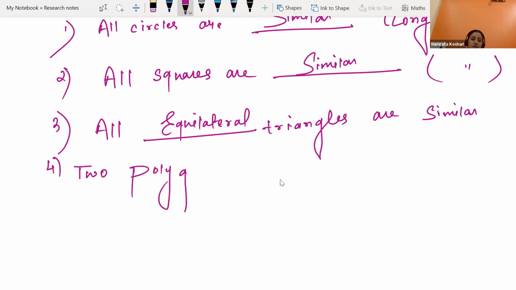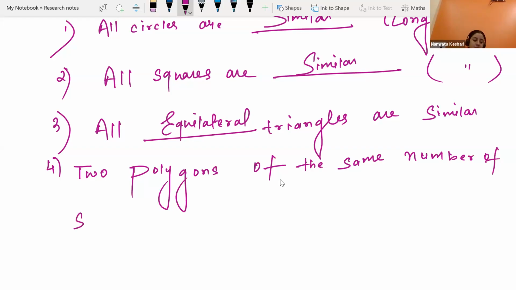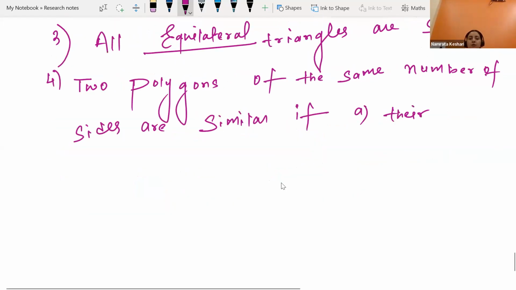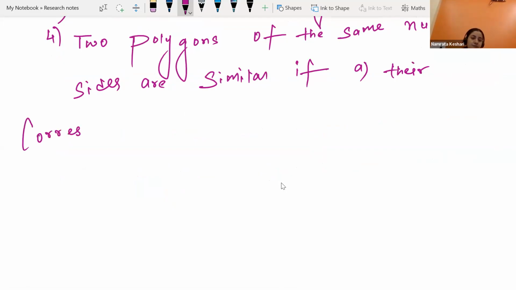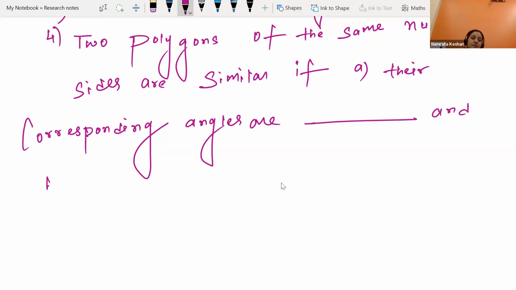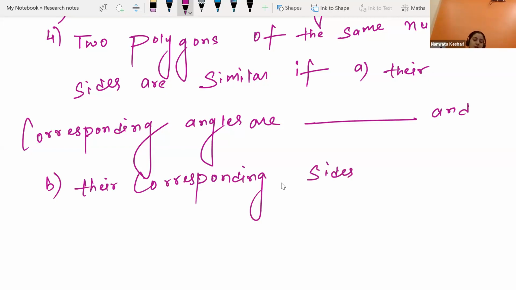Two polygons of the same number of sides are similar if their corresponding angles are dash and their corresponding sides are dash.